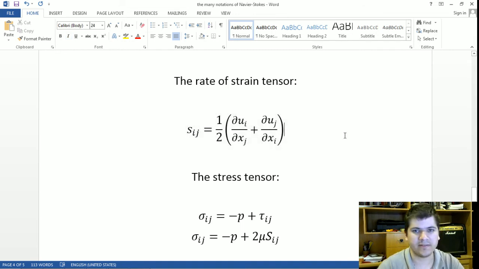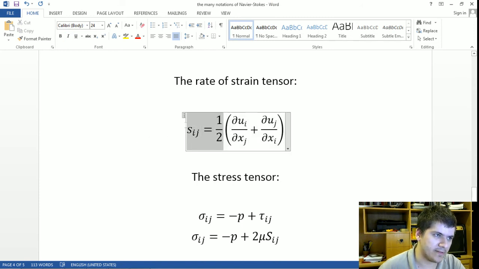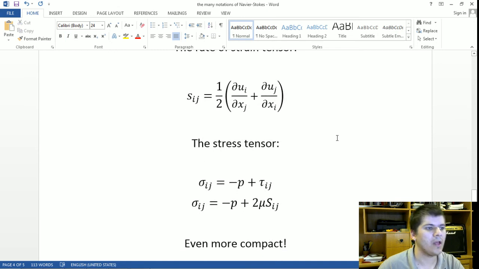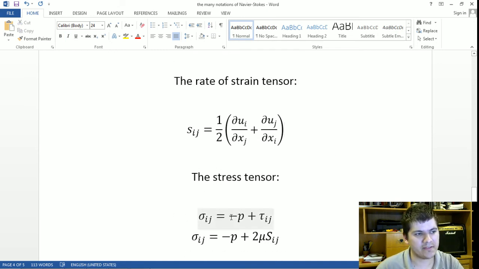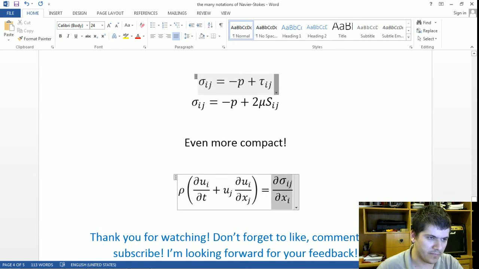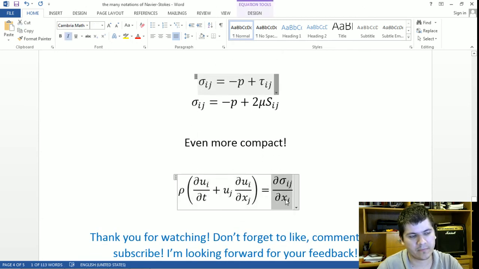So this is a tensor, right? This is just called the rate of strain. And concerning the stress tensor in the Navier-Stokes equation, which is this term here, it is the divergence of the stress tensor, because we have to go one dimension below the dimension of the tensor.